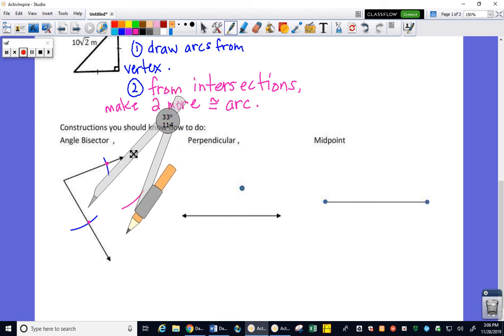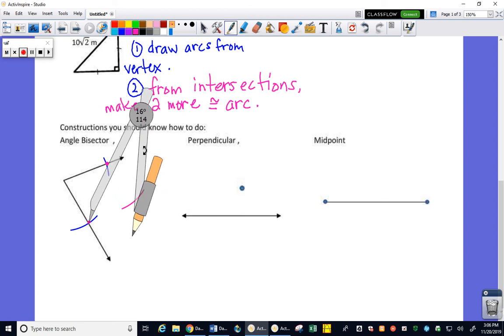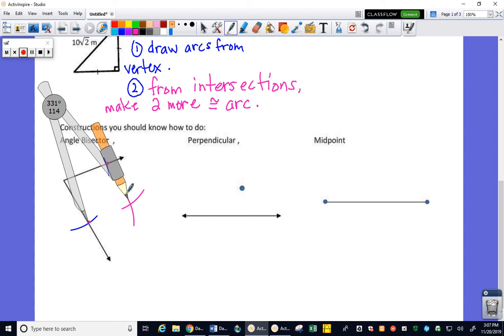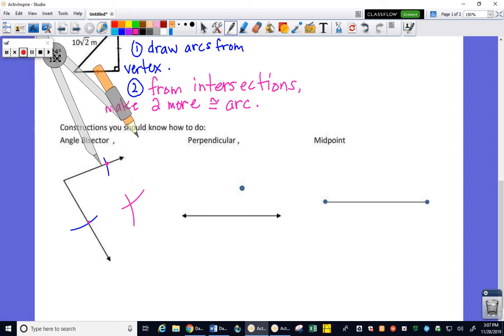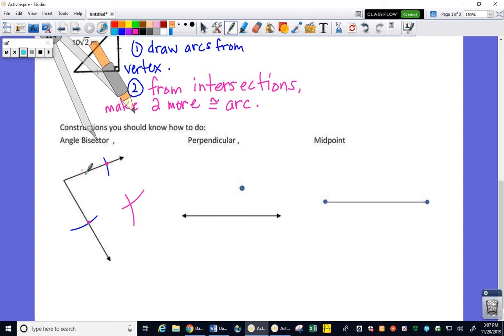Without changing the arc size, you make two of these marks, one from each point of intersection. So we have an X arc, right? These arcs intersect out here somewhere.